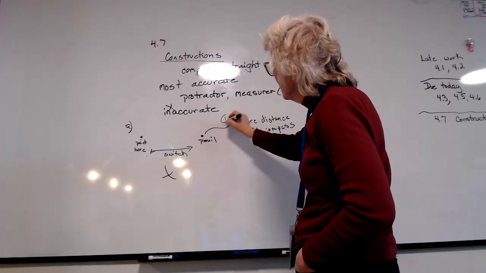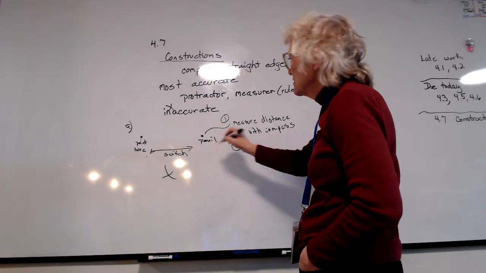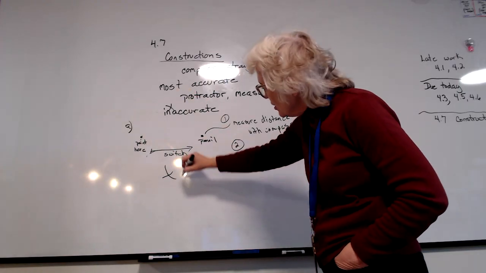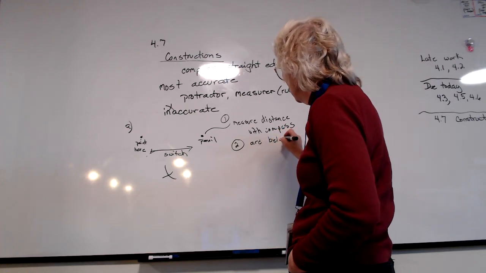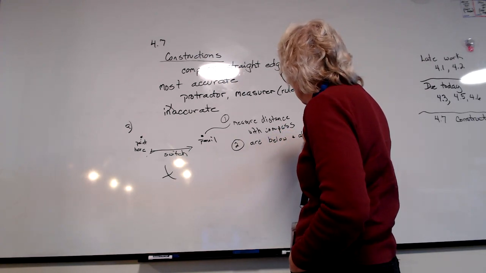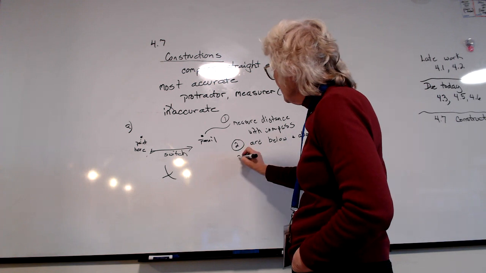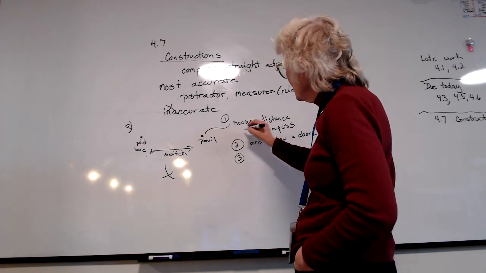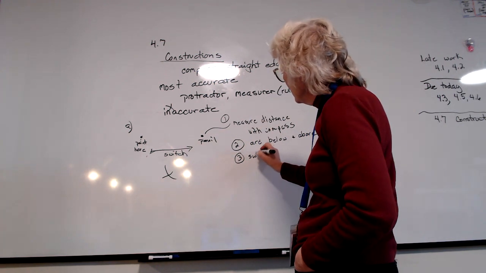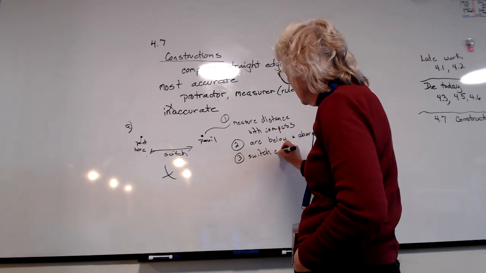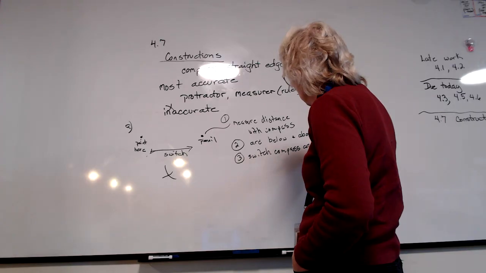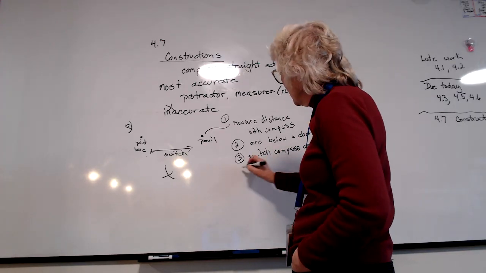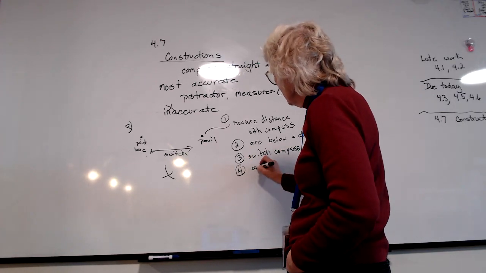Okay, that's the first thing. Second thing is to make a swipe or an arc below and above. Okay. Then you do switch the compass around. Make the arc above and below.